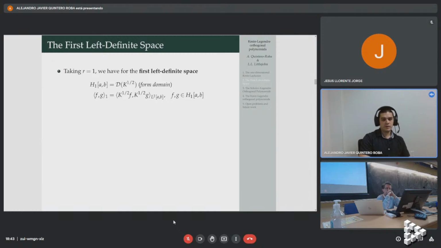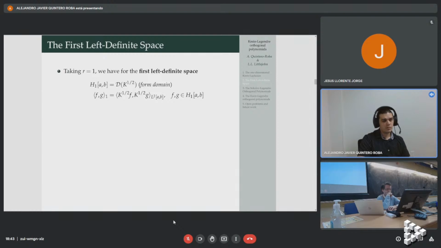Tenemos que H1 es en particular el dominio de forma del operador, el menor dominio donde el operador puede ser definido autoadjunto, y el producto escalar que se obtiene es K a la 1 partido 2 F por K a la 1 partido 2 G en L2.